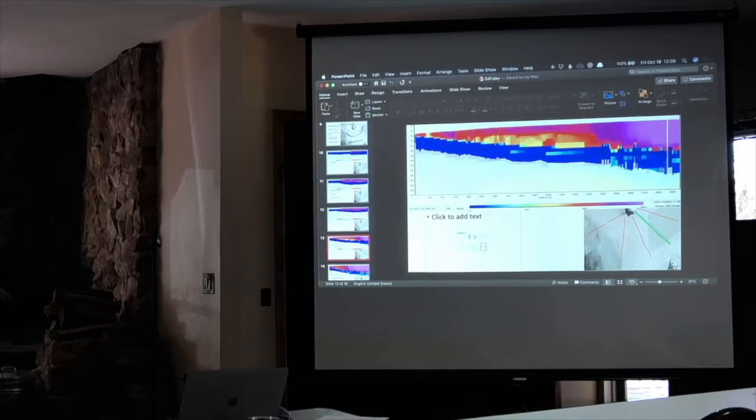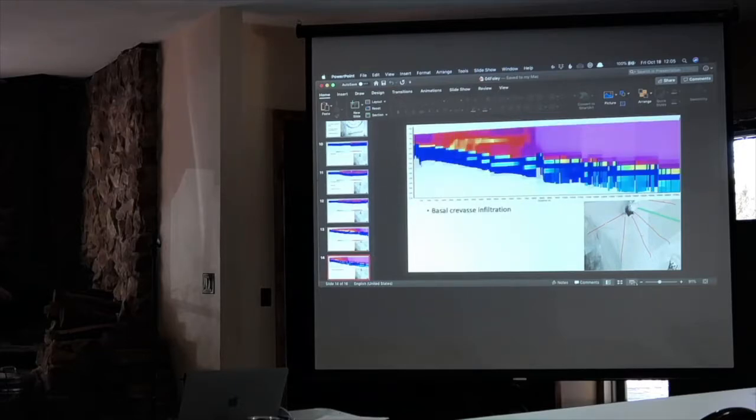And here's one where I think this is really nice, and this really highlights the importance of bringing in electromagnetics as well as radar, because what we can see here, to me, really looks like we've got intrusion that then travels up and then maybe along an interface here. And this is something that would be particularly difficult to image with radar because it would probably just reflect right off of that edge.